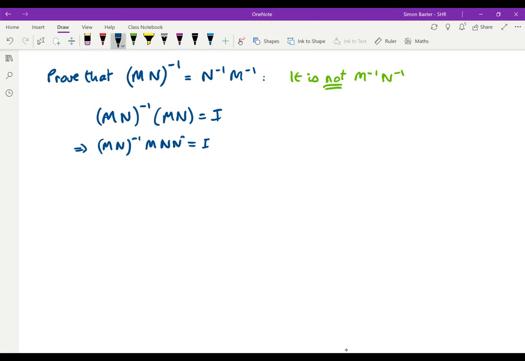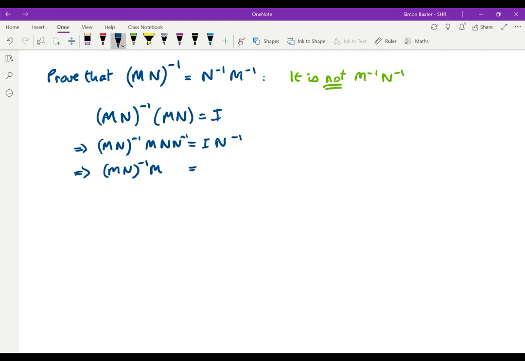MN N inverse, I N inverse. Well, what's that going to be? N inverse here is just the identity. And multiplying anything by the identity doesn't change it. So on the left-hand side, we're going to have MN inverse M times the identity, which doesn't have an effect.